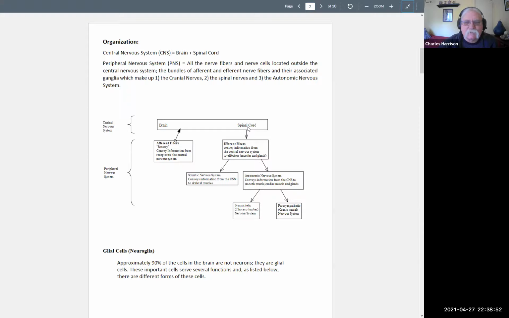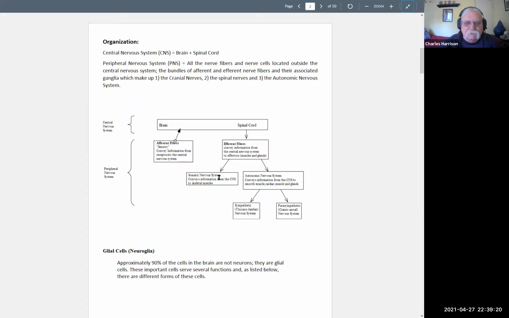Efferent fibers or motor neurons carry information away from the CNS. The motor neurons, however, are divided here. Some go to the somatic nervous system. That's the voluntary nervous system, the one you and I have control of. That'll be primarily skeletal muscle.